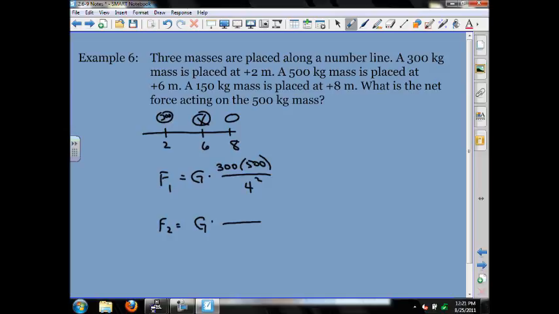Which two masses am I going to use to find force 2? 500 and the 150, yeah. And the distance between them is 2. Find those two numbers.